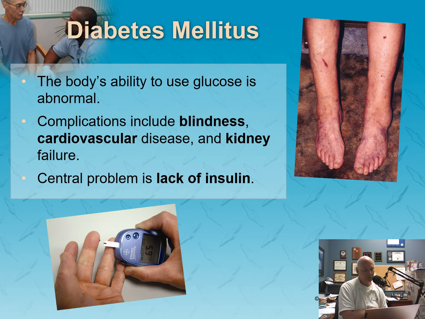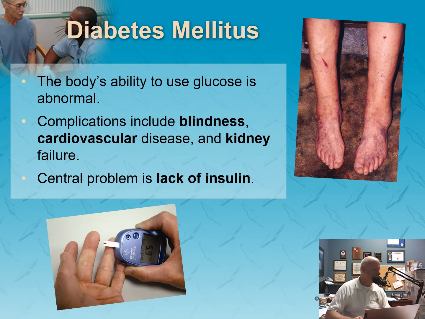Here in the pictures, we can see somebody with poor peripheral circulation, and that causes sores that heal slowly. As people get into their geriatric ages, and not even geriatric age, they start to have such poor circulation in their fingers and such that they end up having amputations.